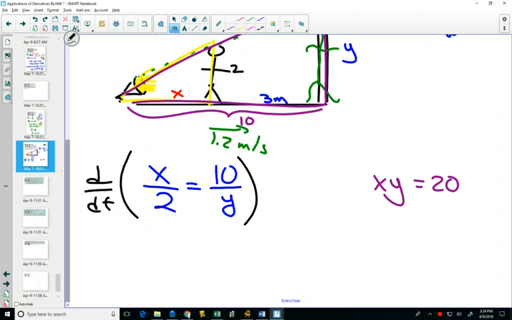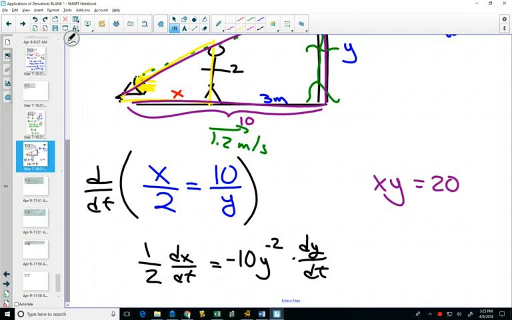On the left-hand side, that's just going to be a half dx dt. The right-hand side, that's going to be negative 10y to the negative 2. So in my head, I brought the y up to the top and I made it y to the negative 1, did my exponent law, multiplied by dy dt.